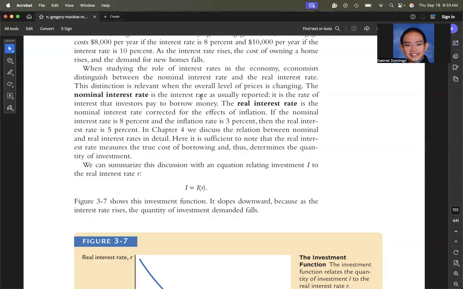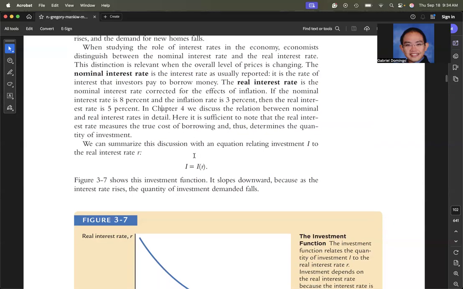If we have these numbers, which are relatively small, then the real interest rate is simply the difference between the nominal interest rate and the inflation rate. As an approximation, it's okay. In chapter 4, later on, we will discuss the relationship between nominal and real interest rates in detail. Here, it's sufficient to note that the real interest rate measures the true cost of borrowing and thus determines investment.